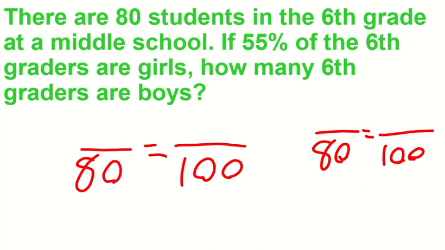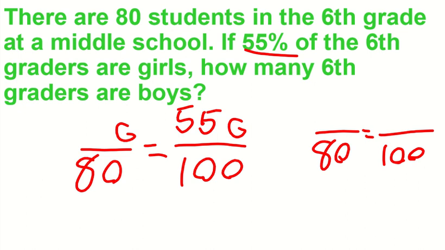If we subtract at the end, we use the 55%. The 55% is the number of girls. What that means is when we do the math, it's going to give us the number of girls because the labels need to match.